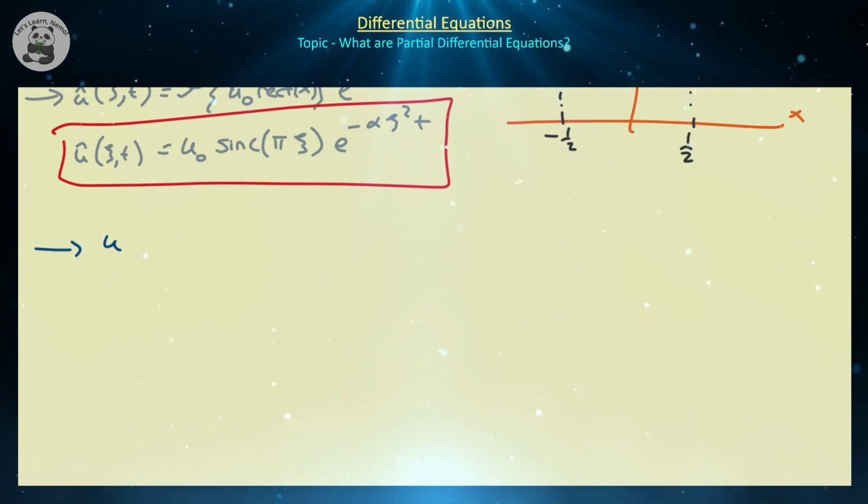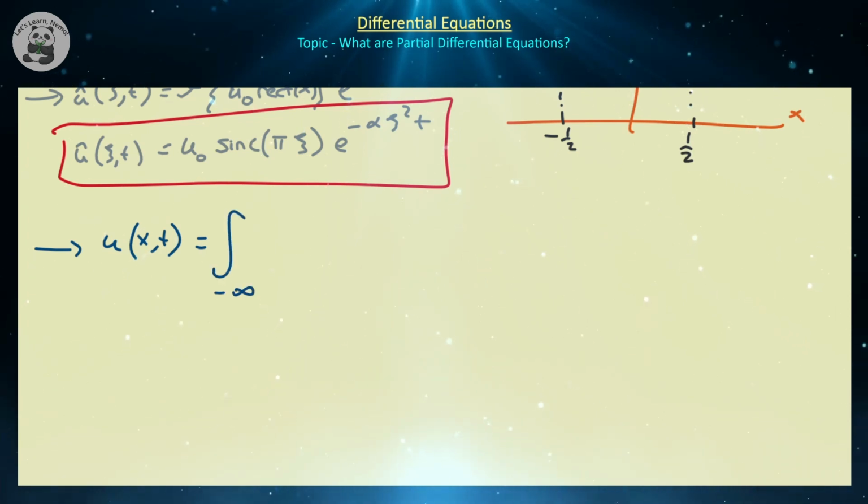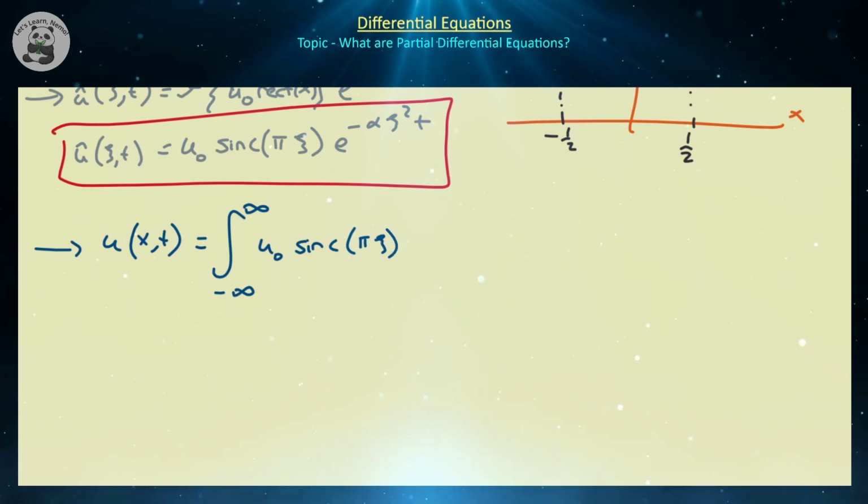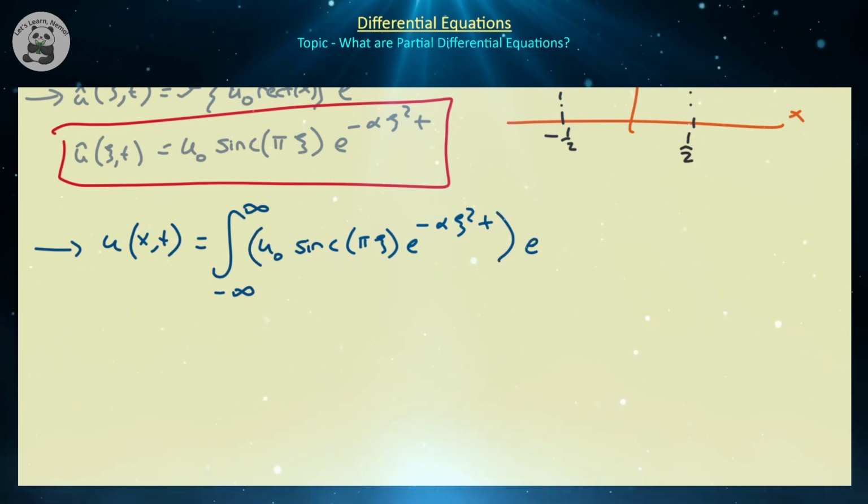So u of x, t will be equal to, so what is the inverse Fourier transform of this? That's going to be equal to the integral from minus infinity to infinity of u0 times sinc of pi psi, times e to the minus alpha psi squared of t, and then times e to the positive 2 pi i psi x, d psi.